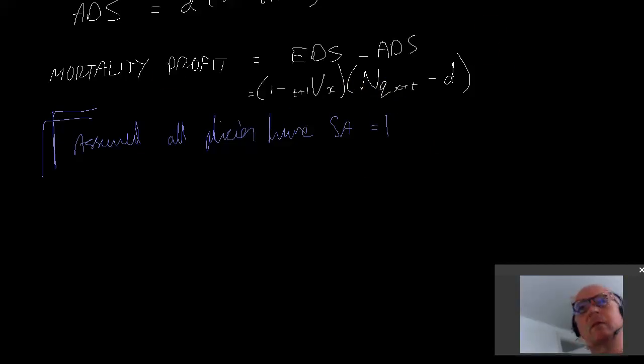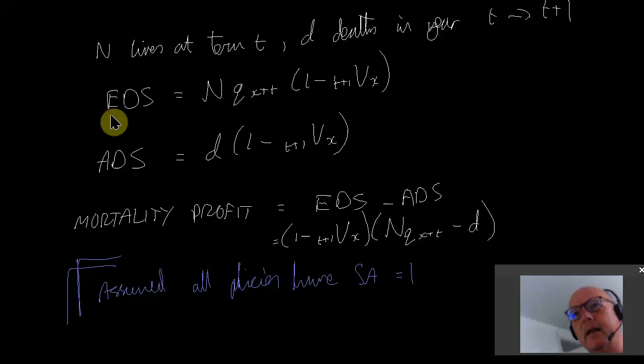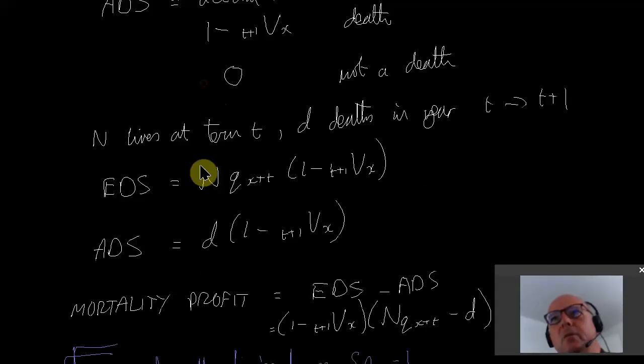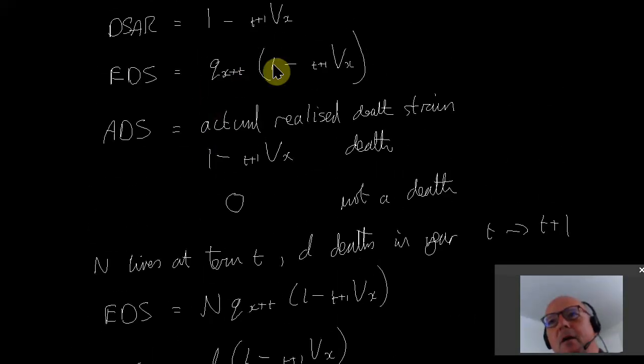So you can work it out for yourself fairly easily, but the expected death strain becomes, instead of n q 1 minus t 1 minus v, the sum of qx plus t times... basically it becomes the sum of the expected death strain for each individual policy. So we go back to the expected death strain for one policy, and we just take the sum of those death strains.